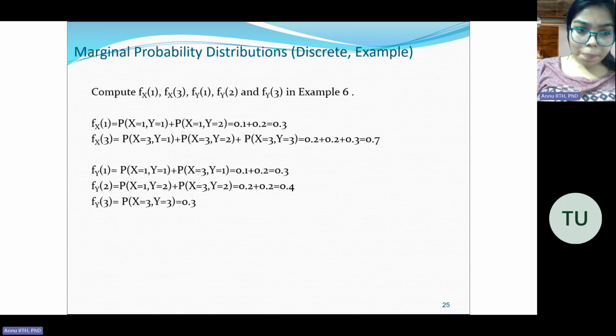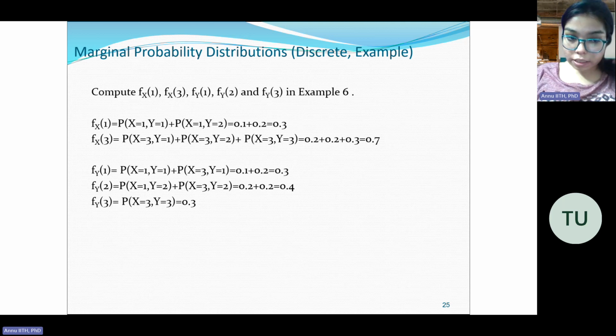Now, if you want to compute f of x at 1, 2, 3, as in example 6 that we have discussed, how will you compute it in the case of a continuous random variable? The values will be similar because we have to calculate the individual values.